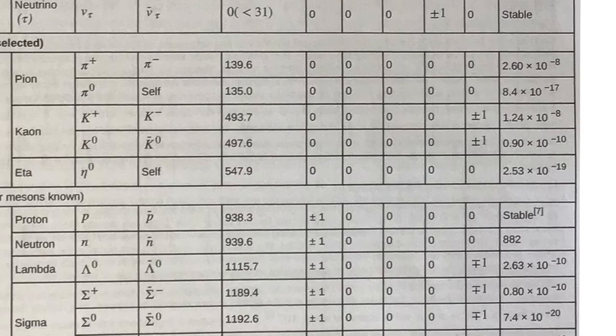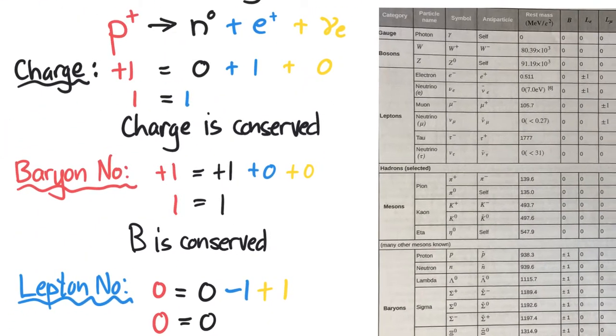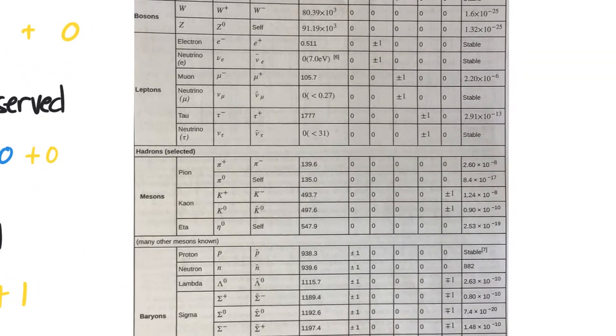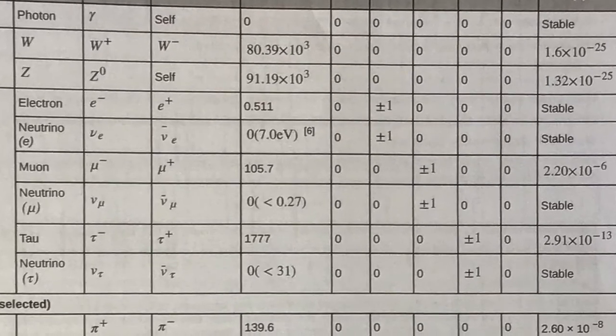But now if we go and we look at the positron and the electron neutrino, we go to the leptons and we go to the positron, we see there, if we read off this table, and I want to explicitly use this table because this is the kind of table you would get in a test or an exam, we can see that the electron lepton number is +1 for the electron, and for the positron it's -1.